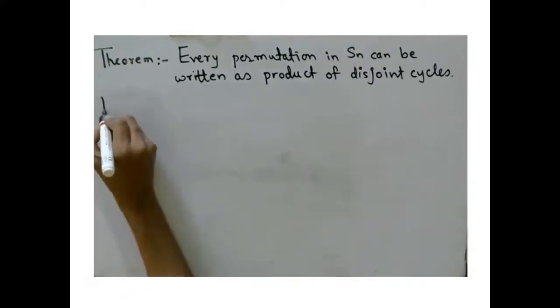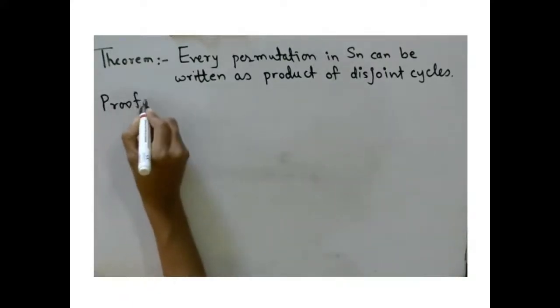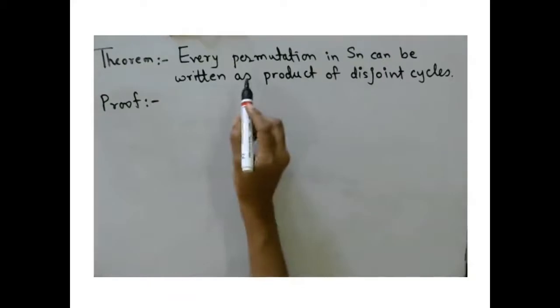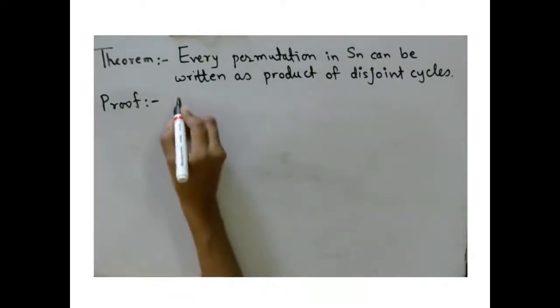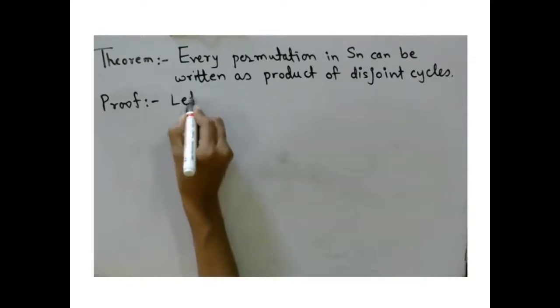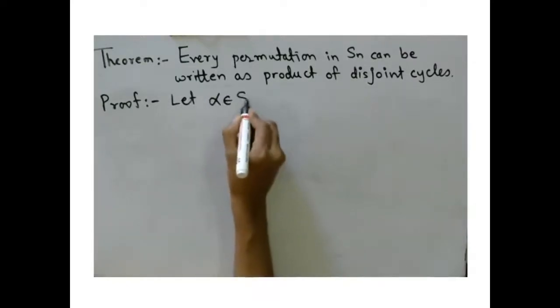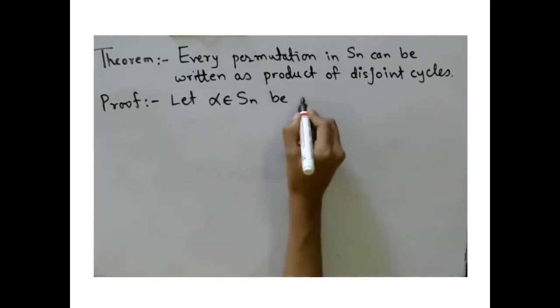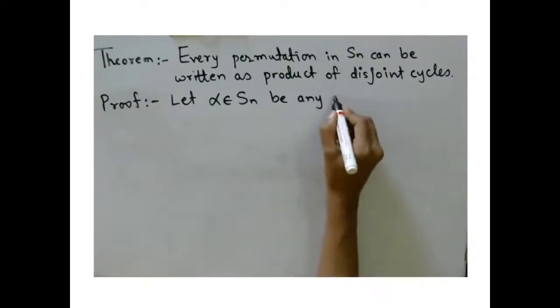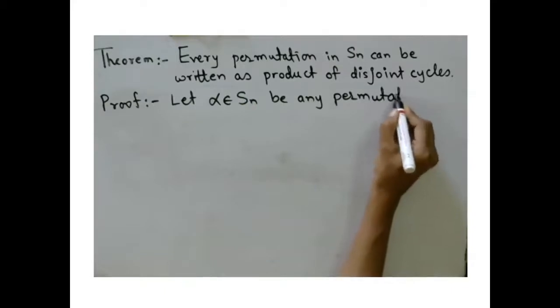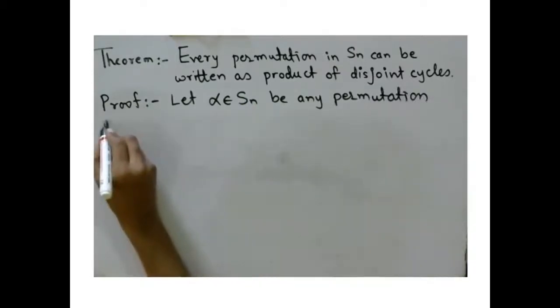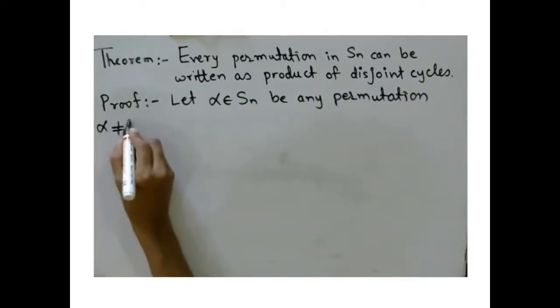So the proof: you have to prove that any permutation in Sn can be written as product of disjoint cycles. So you consider any permutation. Let alpha belong to Sn be any permutation. We are not taking the identity permutation, so alpha is not equal to the identity permutation.